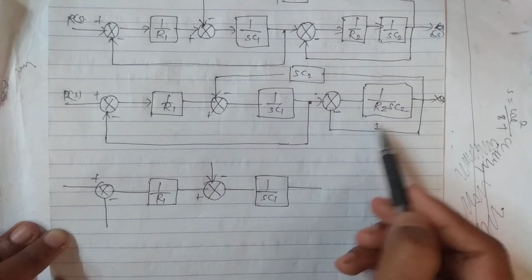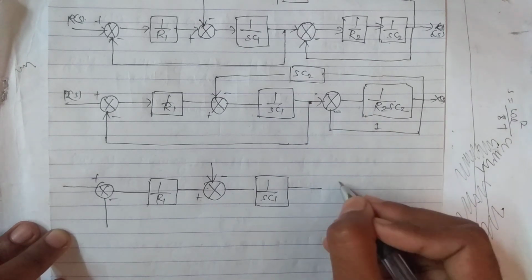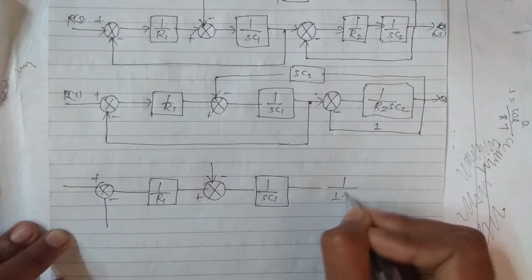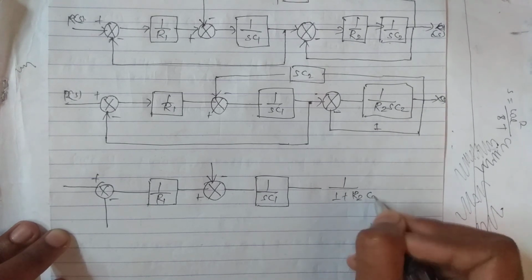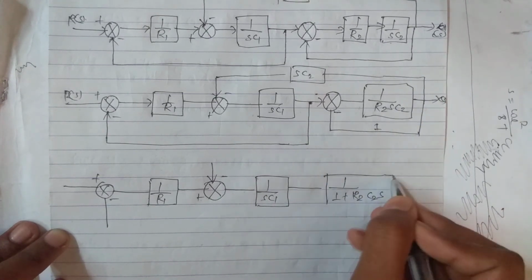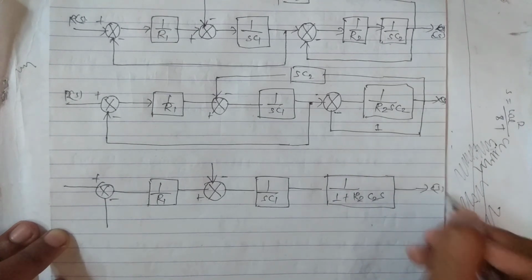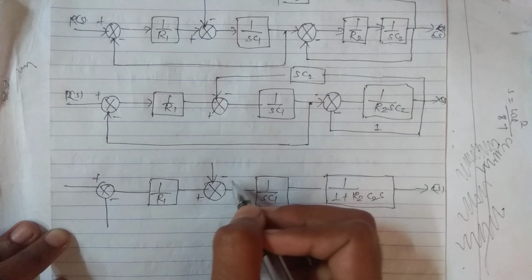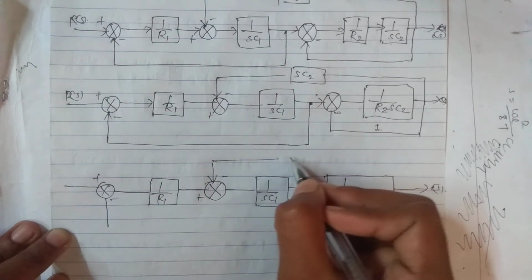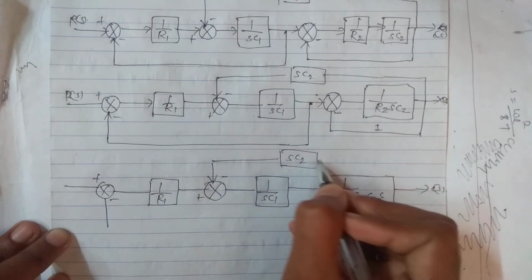So after applying the negative feedback, we can write 1 upon 1 plus R2 C2 S. And here we have the transfer function CS, and we have SC2 here.